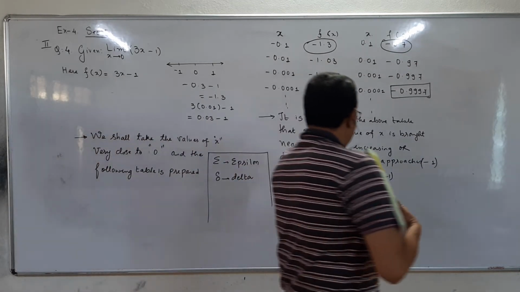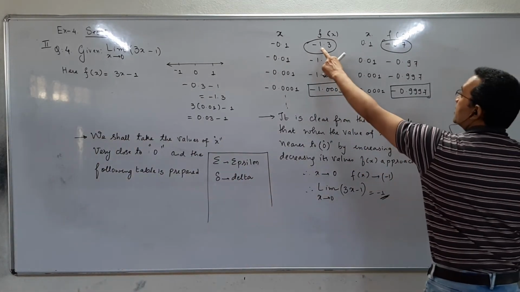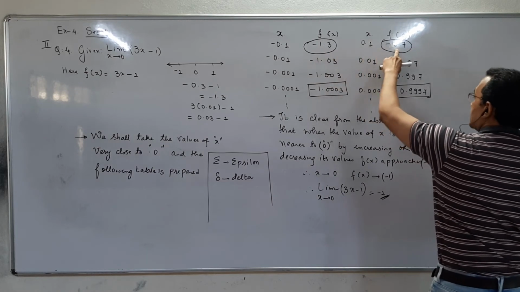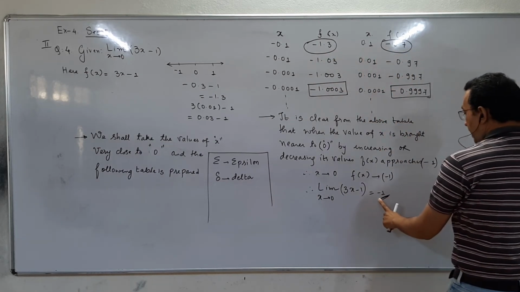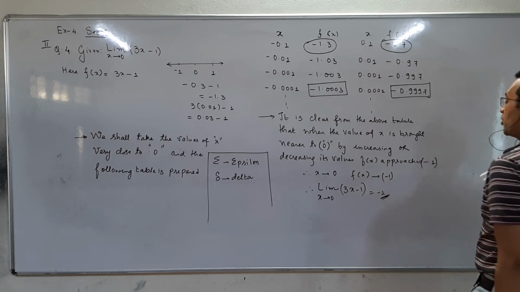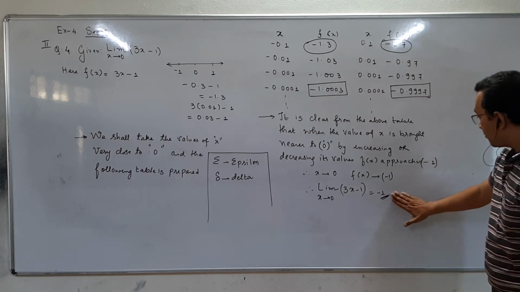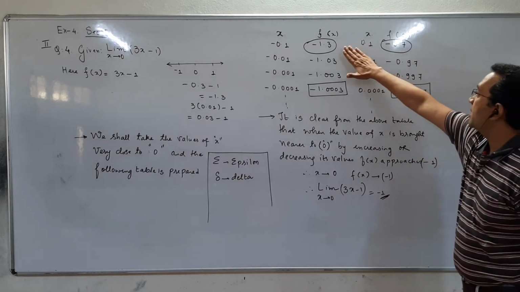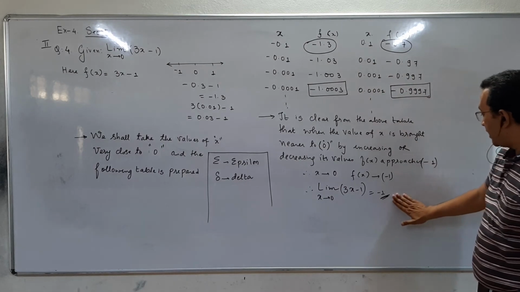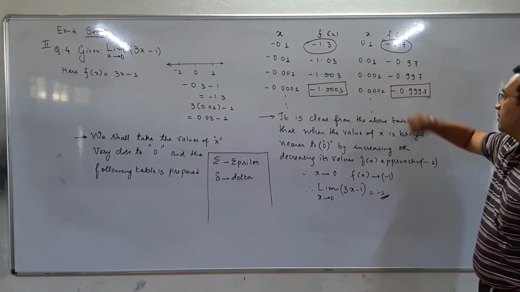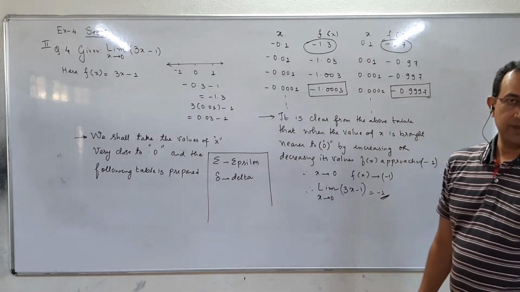Check. The deviation from minus 1 to the left hand side is also 0.3 and deviation from the minus 1 to the right hand side is also 0.3, because if I subtract 0.3 from minus 1 I will get minus 1.3, and if I add 0.3 to minus 1 I will get minus 0.7.